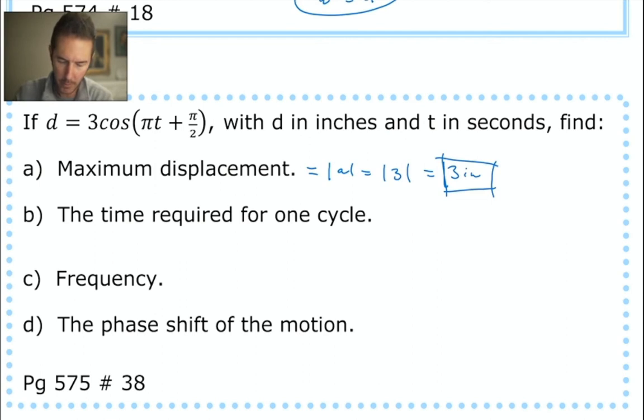So the period here is equal to 2 pi divided by the omega value, or the w value, or the b value, which is 2 pi divided by, I see that pi symbol attached to the t in the original equation. Pi's cancel, and we get 2 seconds.